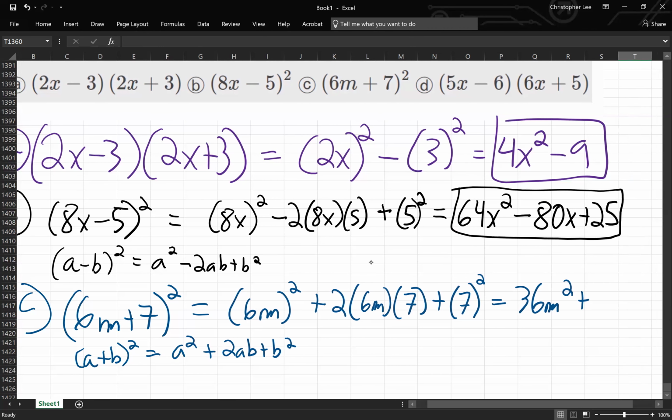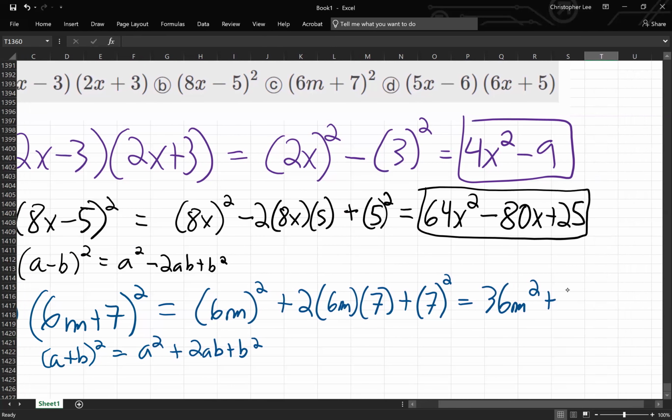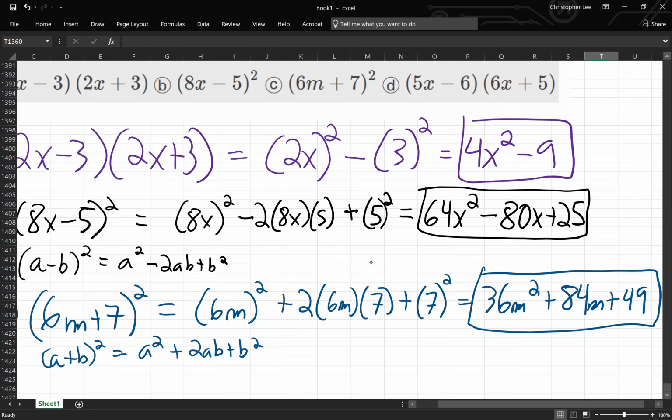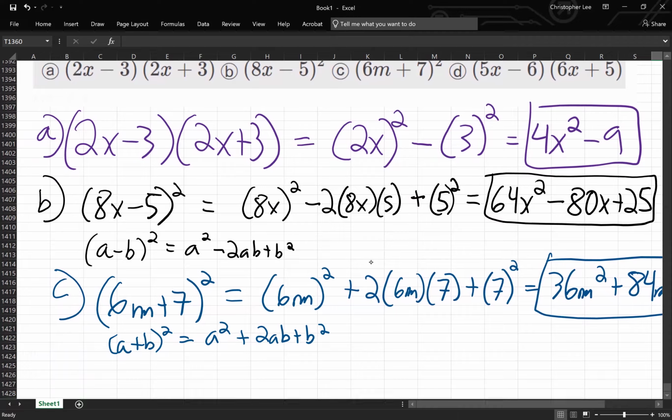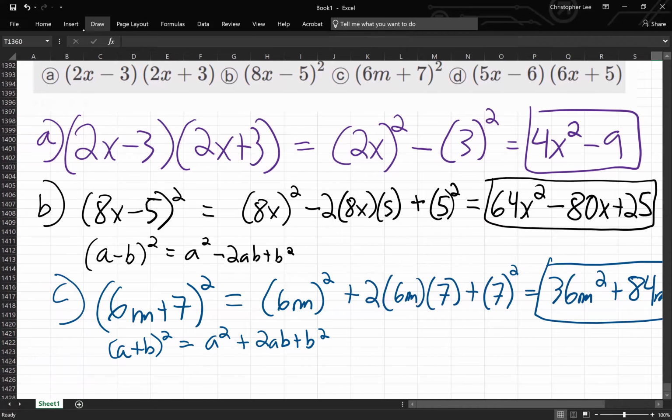I'm not sure. 6 is, what's that? 21, 42, 84, something like that. Yeah, something like that. 84m and then plus 49. There we go. That's my answer. Not too bad, right? Again, use your own method that you're more comfortable with. All right.